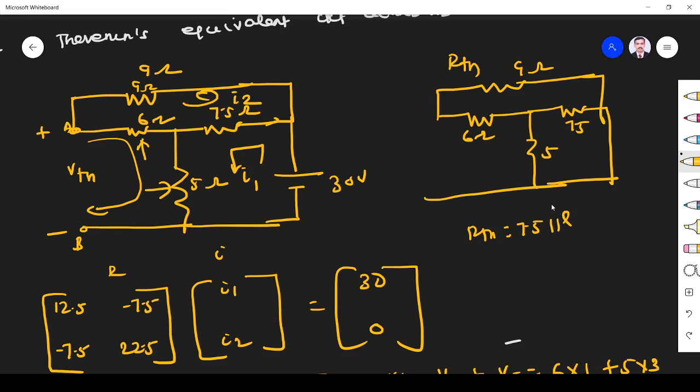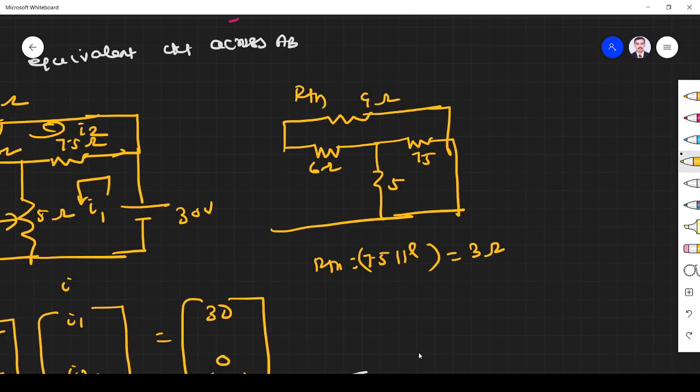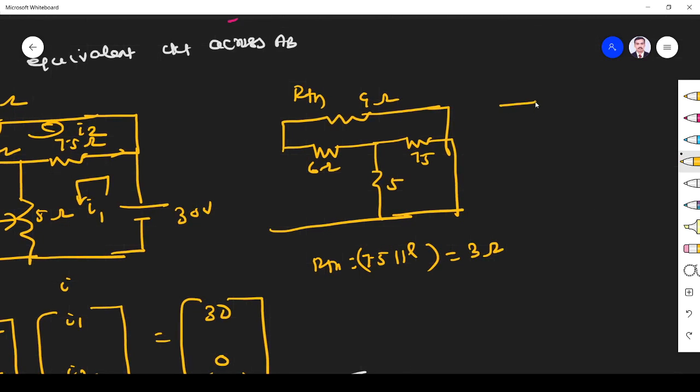Once it is simplified, what you get is 3 ohm. So it becomes like this: 9, 6, 3, and this is our AB.